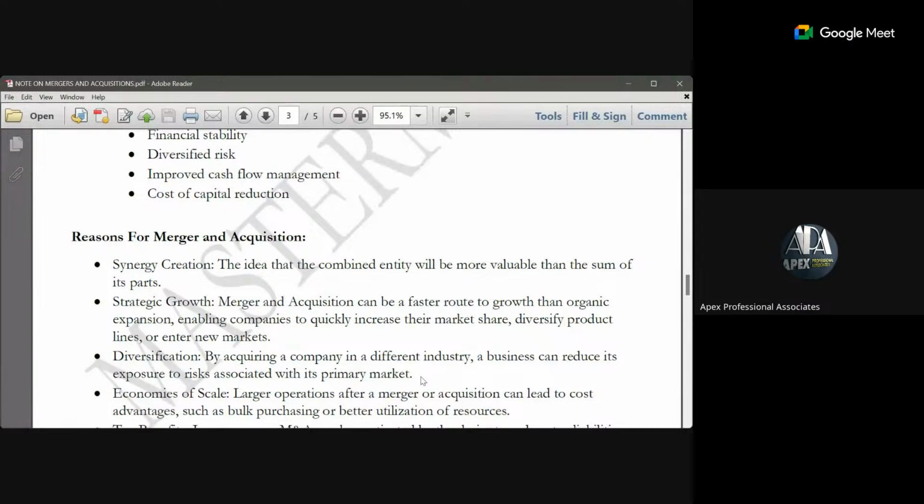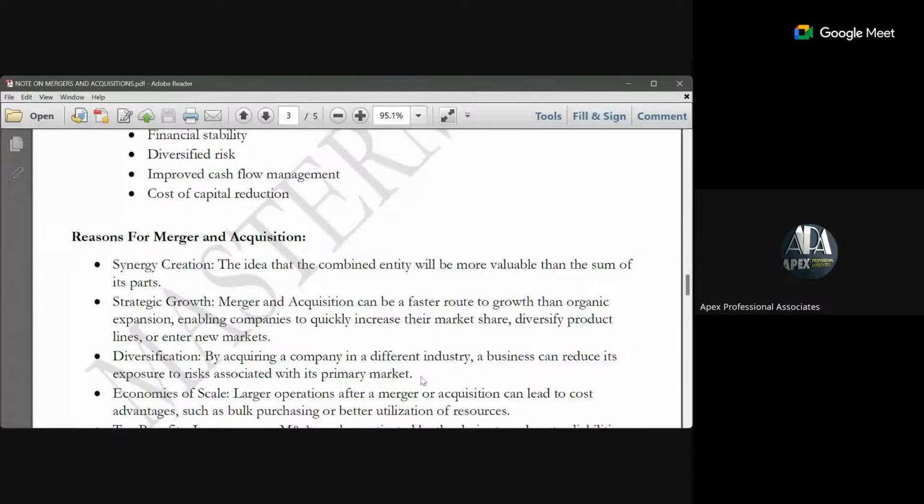Having said that, the first reason that we consider is synergy creation. Just like we have explained what synergy is all about, it is the idea that the combined entity will be more valuable than the sum of its parts.